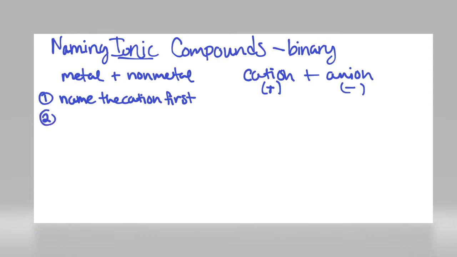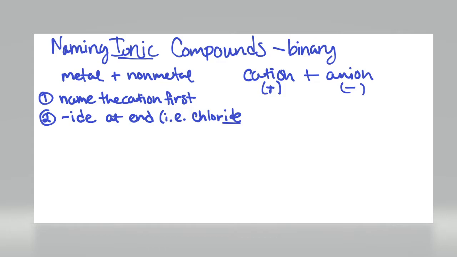The second thing in these binary species is that the anion, if it's monatomic, is going to take on IDE at the end of the name of the element, essentially. So, for example, chloride. So the chlorine turned into IDE.